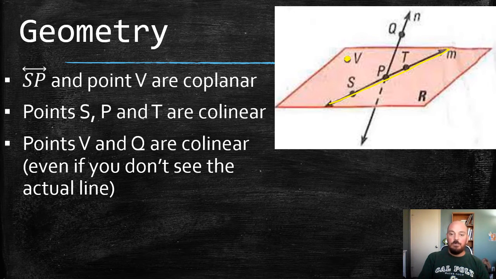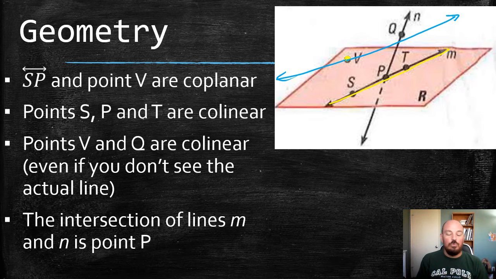So if I ask you the question, are points V and Q collinear, some people might have said, no, they aren't. They're not on the same line. I don't see a line there. But even though you can't see it, there is a line that goes through V and Q, like that. Even if you don't see the actual line, if you can draw it in yourself, that still counts as collinear.